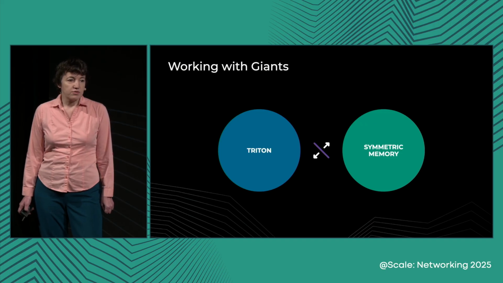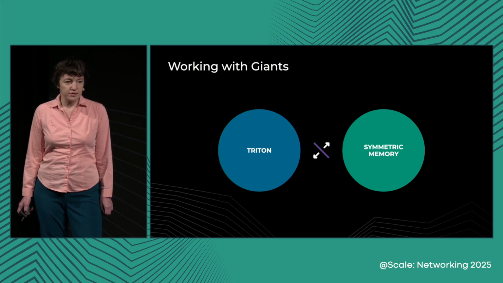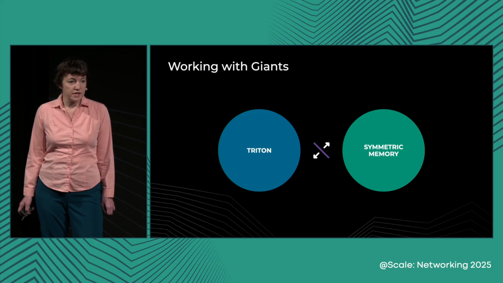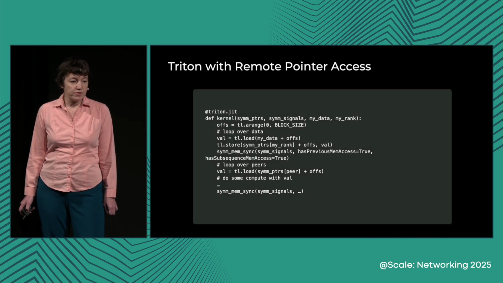Triton is a great Python DSL that has previously allowed a lot of people who are not expert GPU programmers to write very efficient GPU kernels. Now we wanted to turn it into a tool that allows people who are not expert network programmers to be able to write efficient communication kernels, and kernels that are overlapping communication and computation. And we are doing this with symmetric memory.